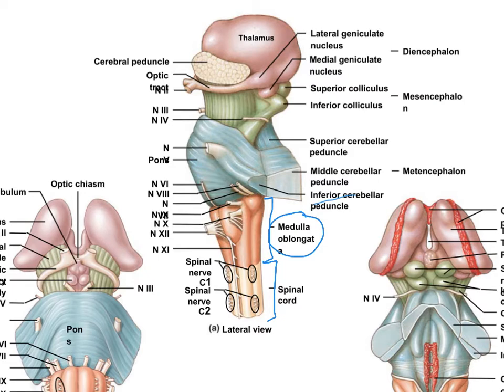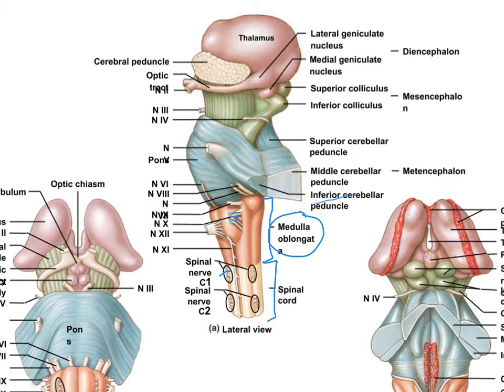The nerves coming off of the medulla oblongata are called cranial nerves, and the nerves coming off of the spinal cord are called spinal nerves. So we differentiate them right there. Now we know that there are 12 pairs of cranial nerves.